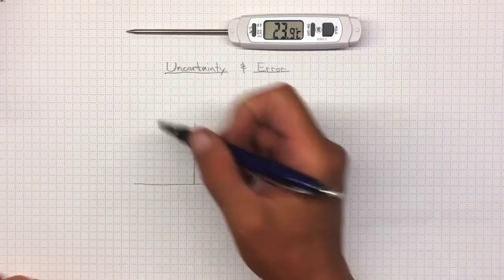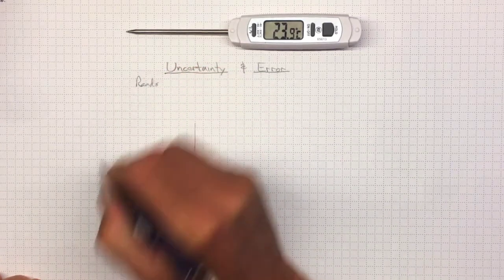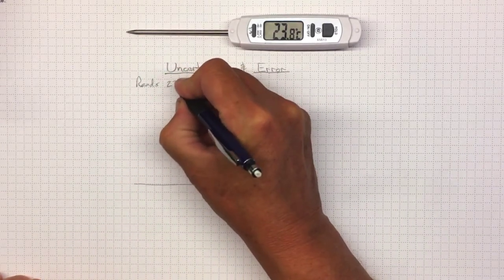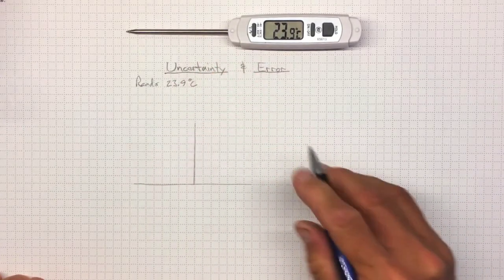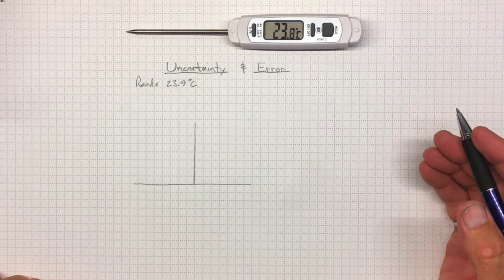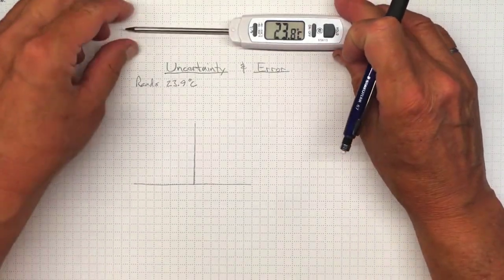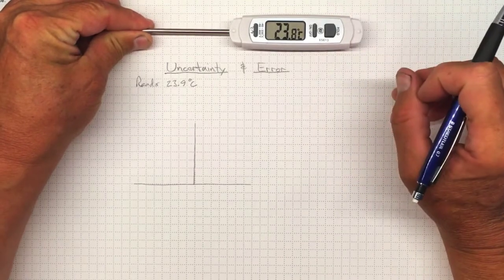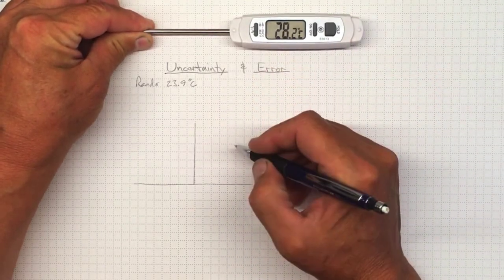And so we've got a reading, looks like 23.9 degrees Celsius. Now, I'm not sure whether that's the right value or the wrong value. Let's check at least. If I warm it with my fingers, oh, the number goes up.